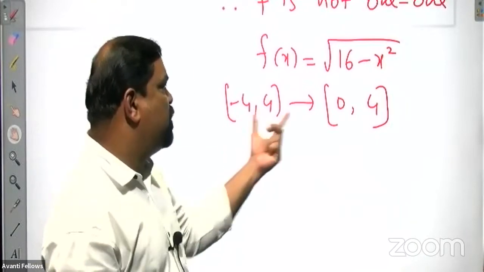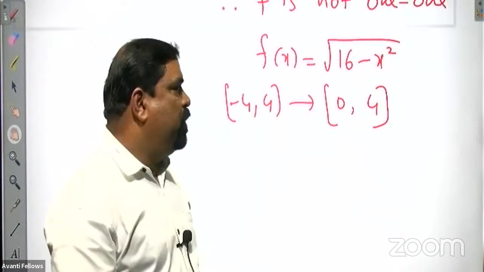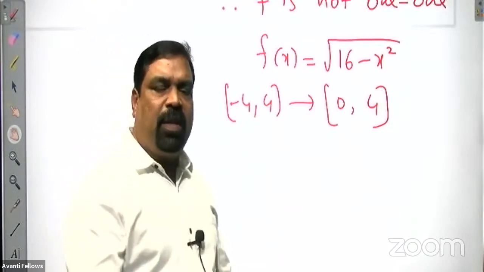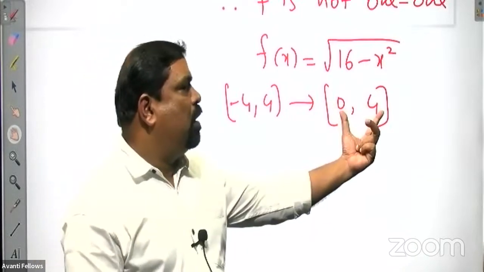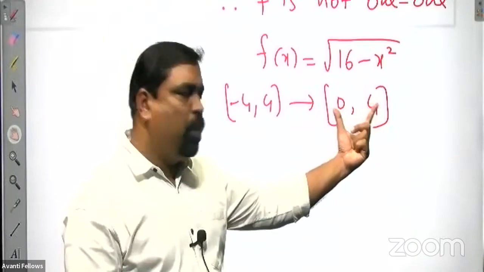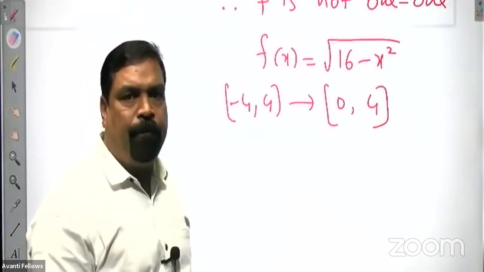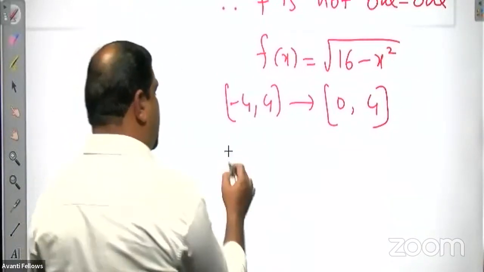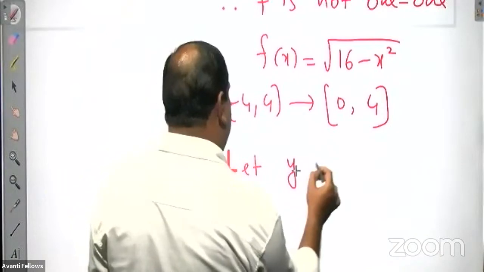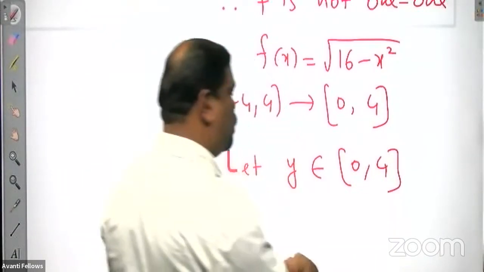So x belongs to -4 to +4. We prove that the range is exactly 0 to 4. Otherwise, you take any element in the interval 0 to 4, then show that there exists a pre-image in the domain. So let some y belong to the interval 0 to 4.